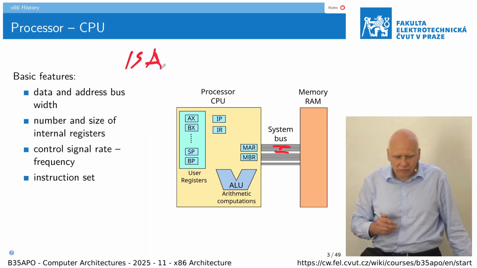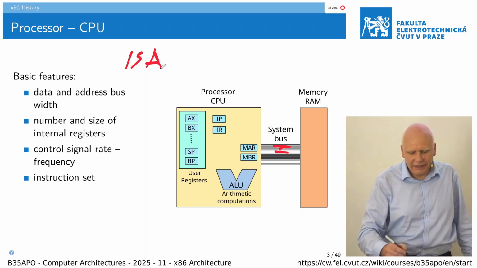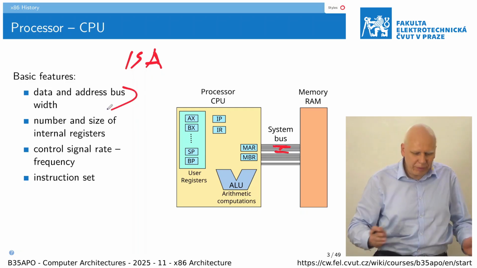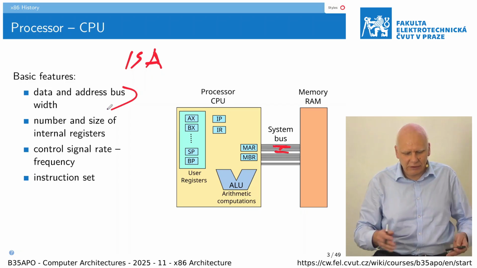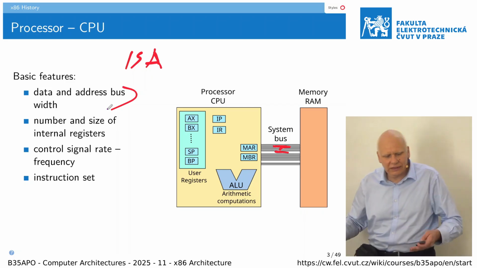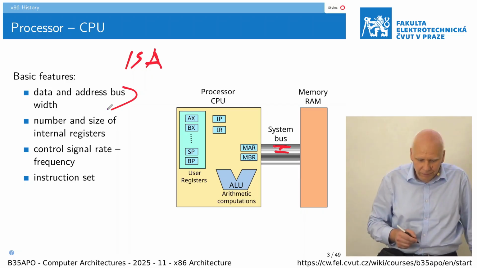So it can depend. Anyway, what is important is what data types are available in the memory and how you can access and address it and what the registers are and so on.